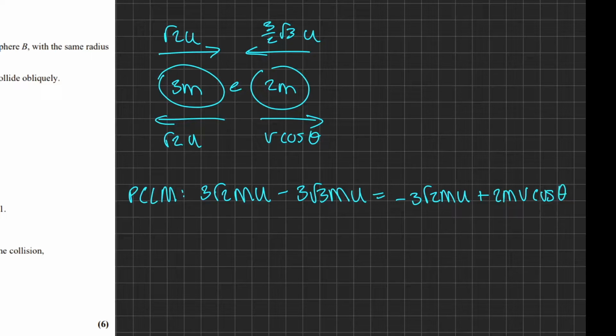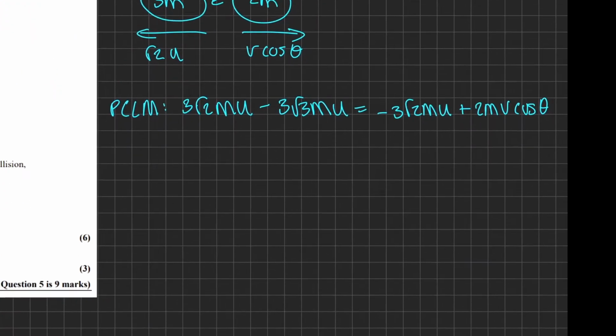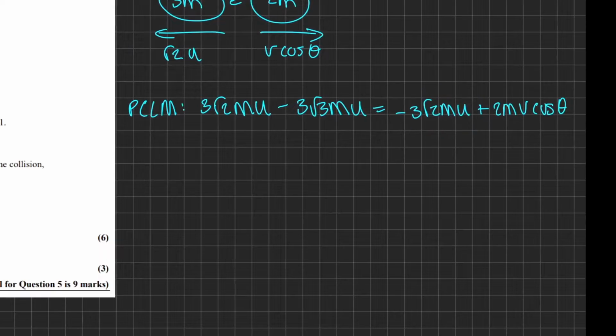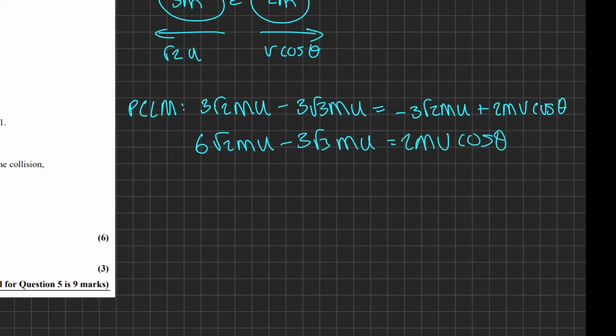The reason some of them are negative is because I'm taking the left as negative and the right as positive, so the velocity is acting to the left. These two end up negative in the equation. If we add this 3 root 2 mu to both sides, we get 6 root 2 mu minus 3 root 3 mu equals 2 mv cosine theta.